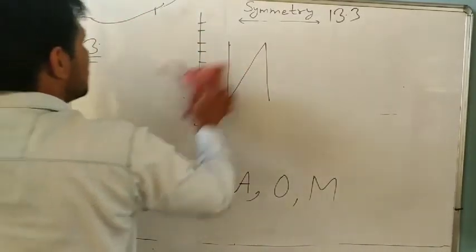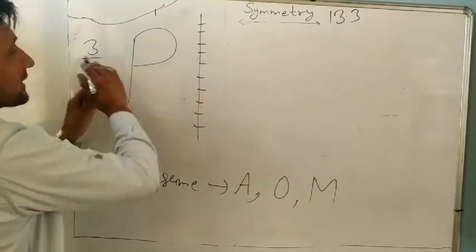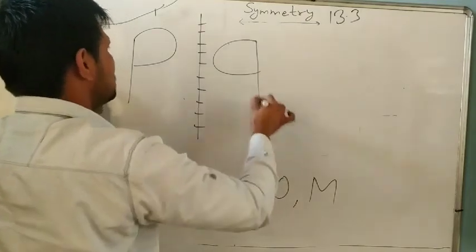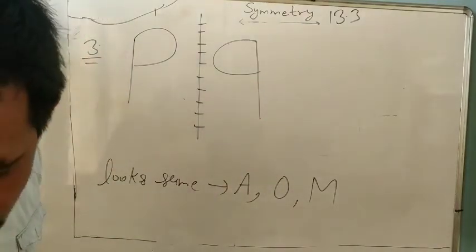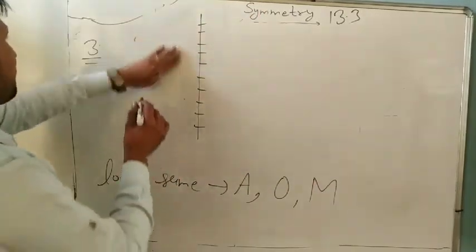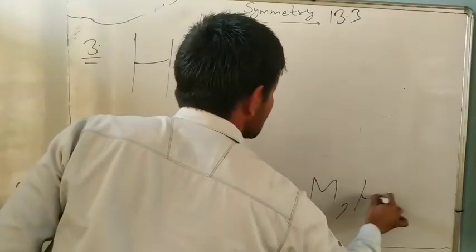Now next is P. This circle is on the right, so here on the left. You find more parts. After P, H. H becomes the same, so we will find H.